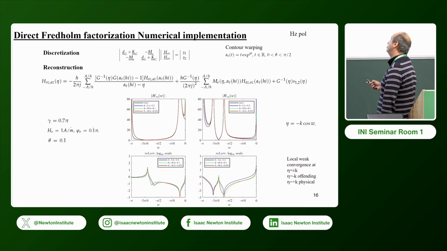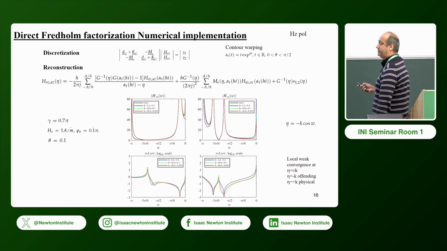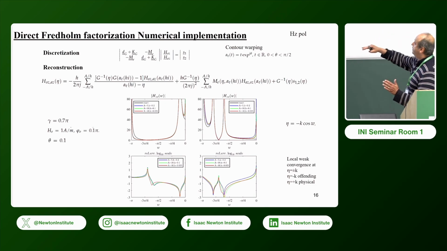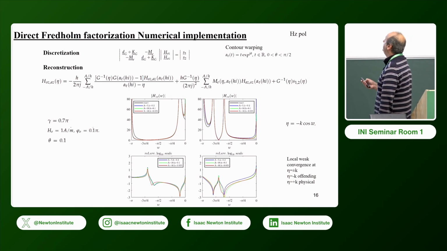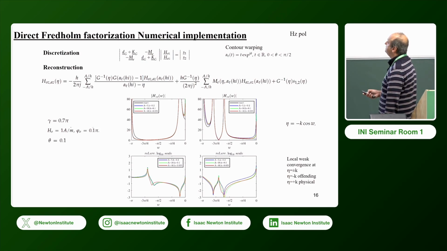Usually we use contour warping in the spectral domain, eta spectral. So we go on a diagonal, not on the real axis, to be a little bit far from branch cuts and branch points, so we use a small imaginary part. And this is the formula for reconstruction here.